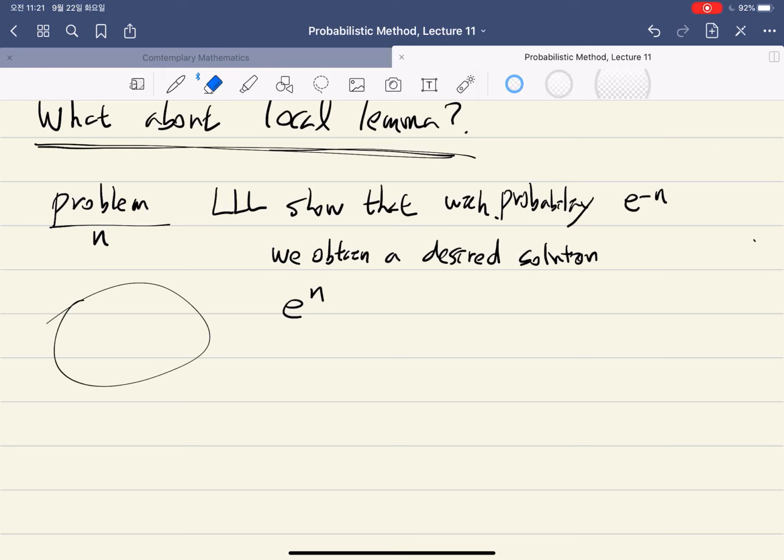So, if you want to find a more efficient algorithm, it's not clear how one can even convert the argument of the local lemma into an algorithm.